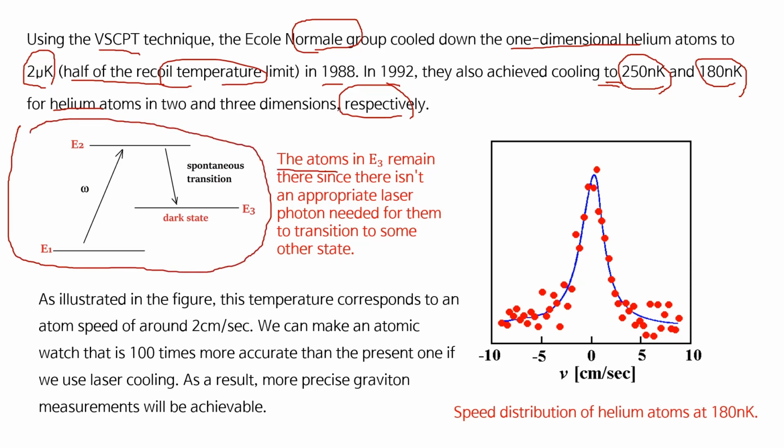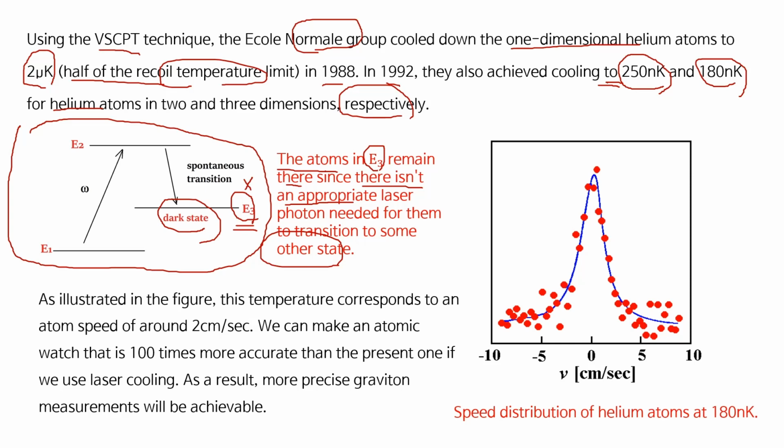The atoms in E3 here remain there since there isn't an appropriate laser photon needed for them to transition to some other state. So the atoms stay here because there is no laser beam needed for transition to other states. So we call this state the dark state.